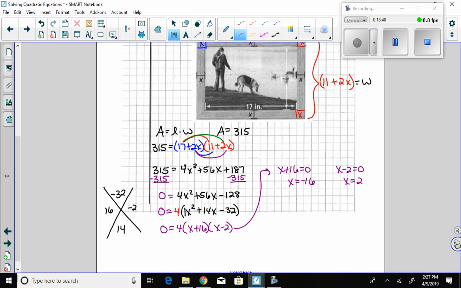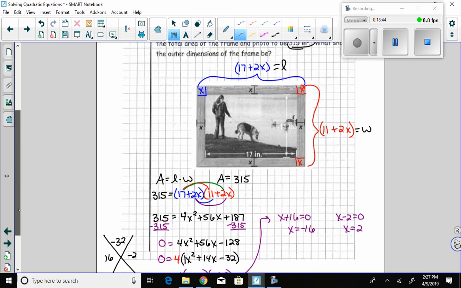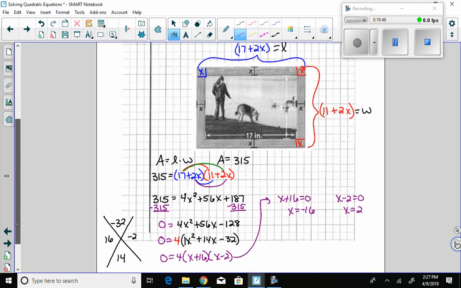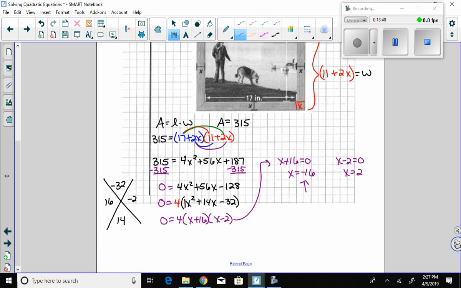One of those two is actually wrong. Which one is wrong? Well, we're talking about length. Can't have a negative length. Right? Can't have negative length. So, I can spell length. Since we can't have negative length, the answer must be x equals 2 centimeters. And there is your answer.